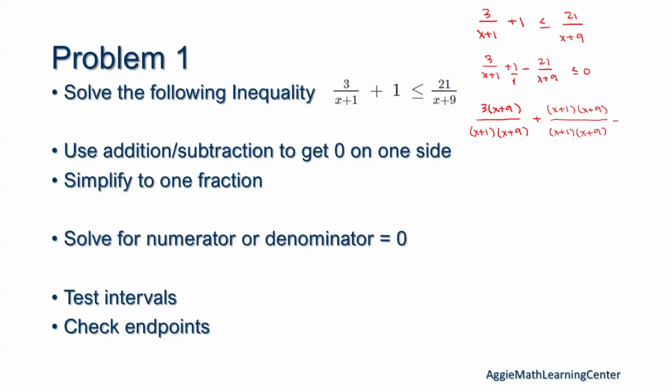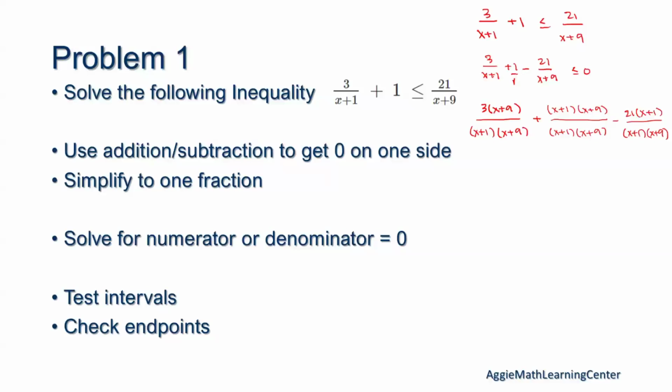Then minus 21 over x plus 1, x plus 9 over x plus 1, x plus 9. Okay. Sorry, that's slightly illegible, but are we okay? Okay, sweet.